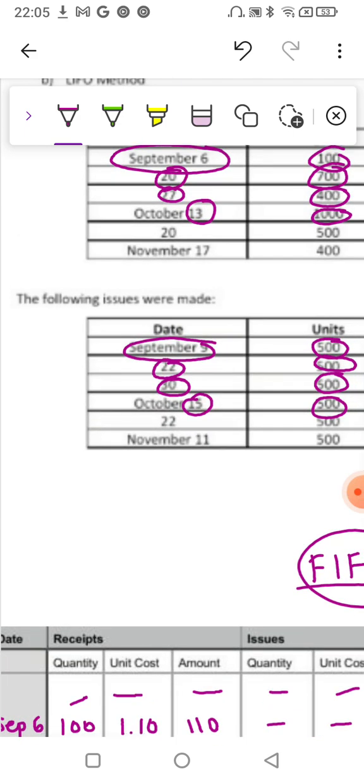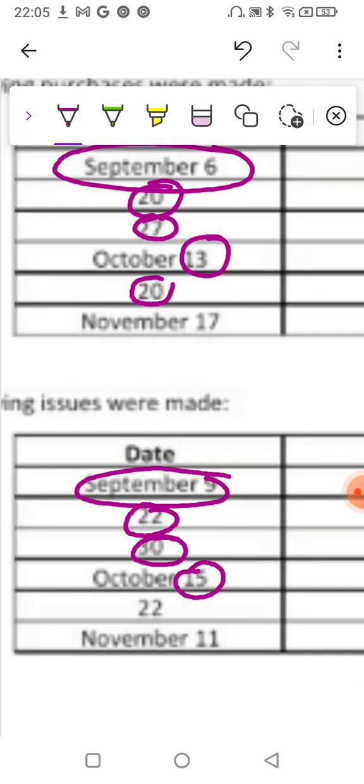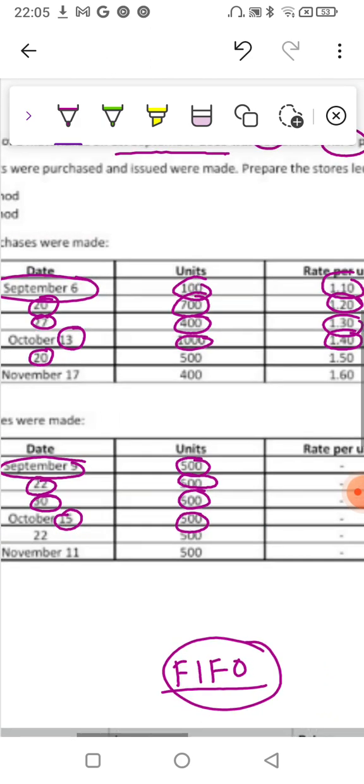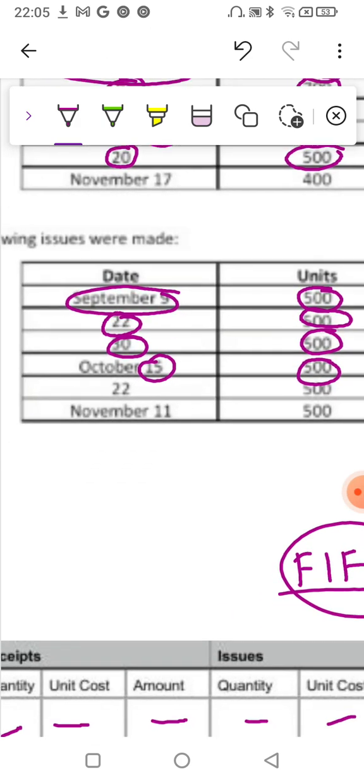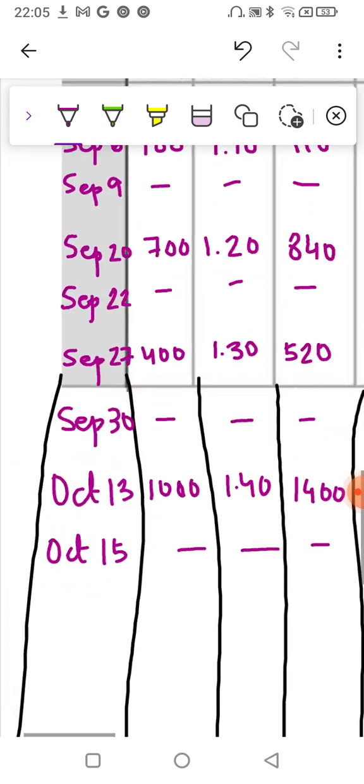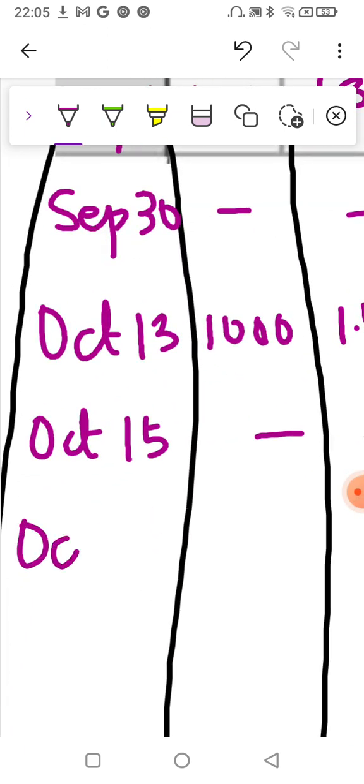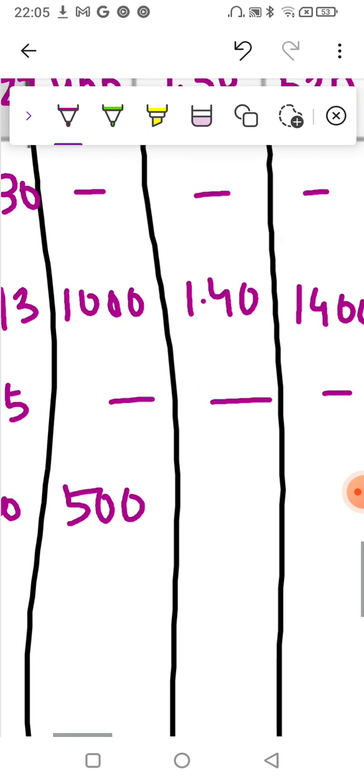After October 15, we have October 20. October 20, purchase of 500 units at 1.50.